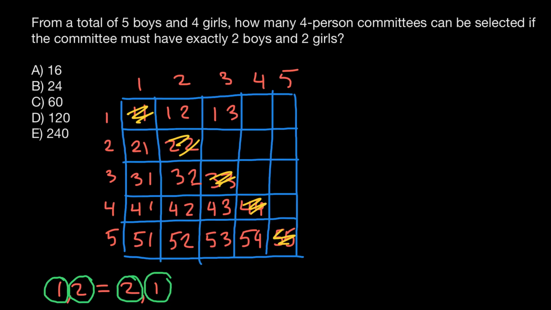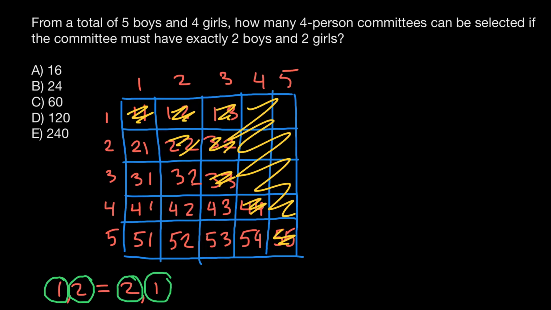And if you're confused, we can basically use the same numbers. For example, we can say 3 and 2, and this is the same as 3 and 2 here. So we do not use all these squares.